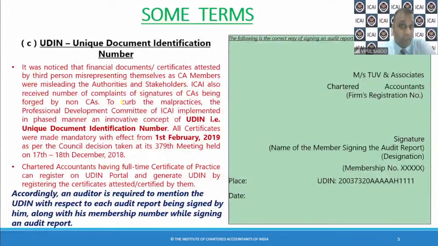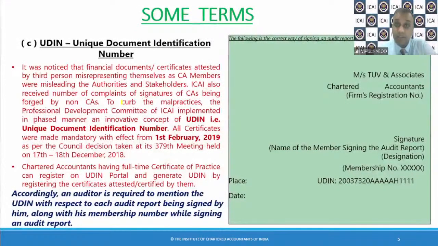It means something. When you attest some financial figures, it means something to all the stakeholders, be it the shareholders, the interested parties, the government, the lenders. All stakeholders rely upon attested documents, attested financial statements.